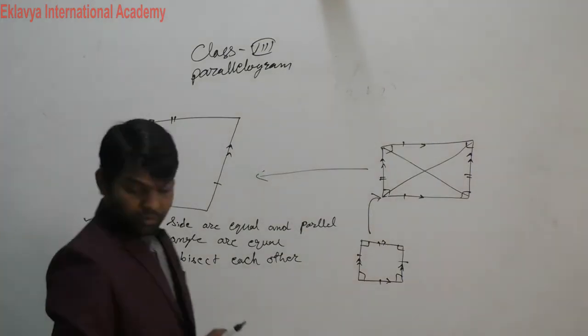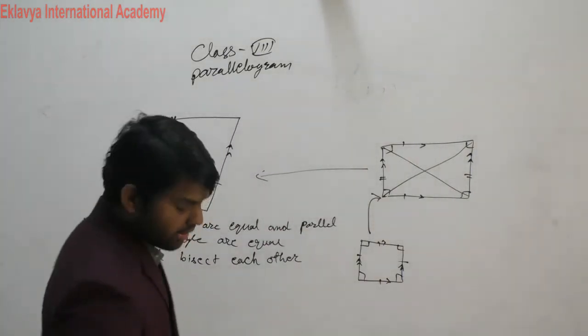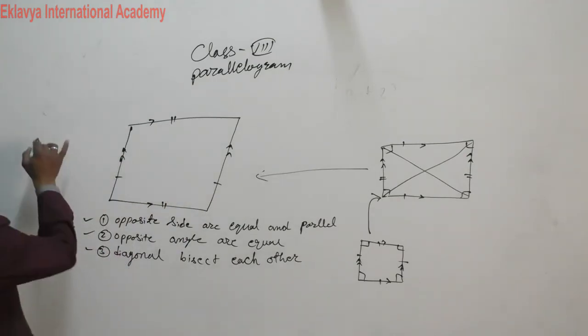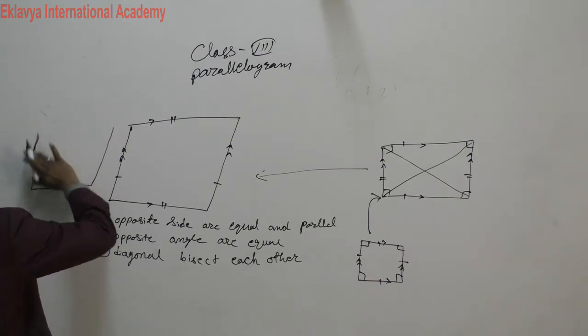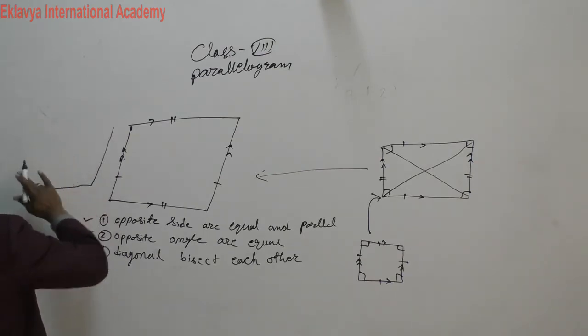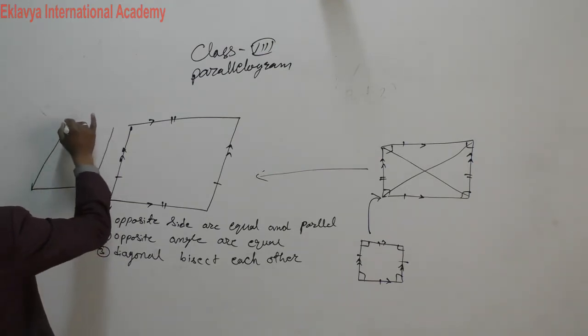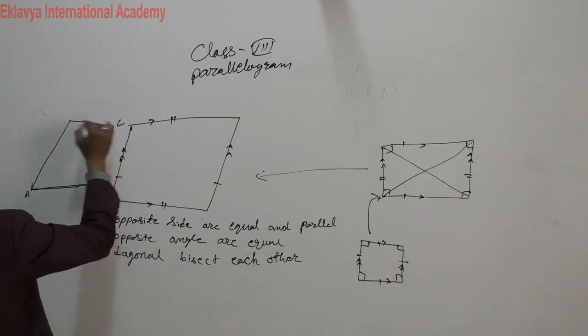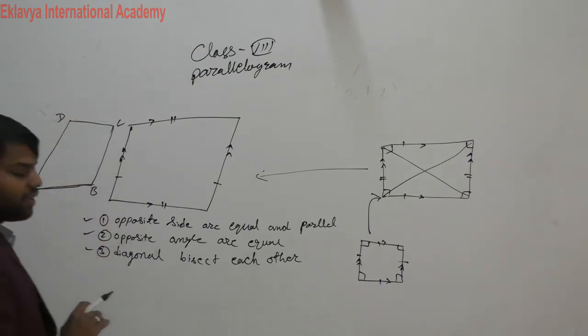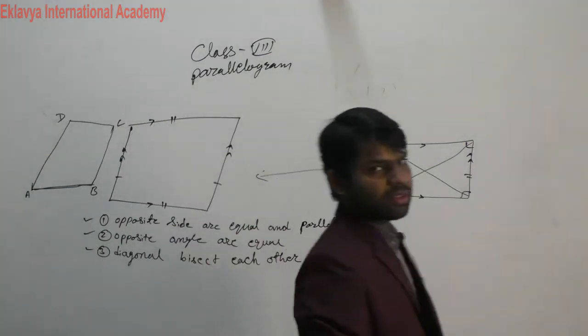Fourth one, rhombus. Here we want to prove whether a parallelogram is a rhombus or not. So if you see here, A, B, C and D, it is a rhombus.